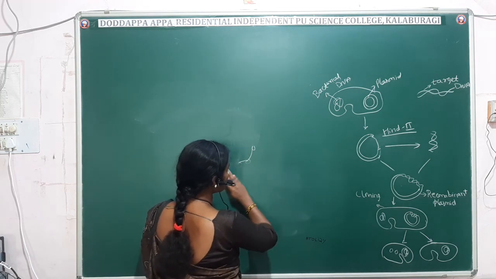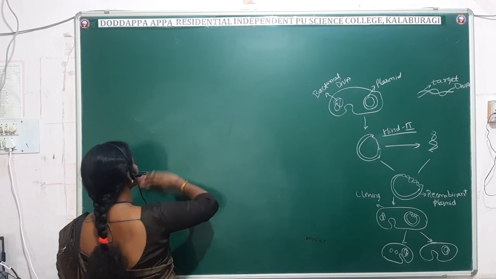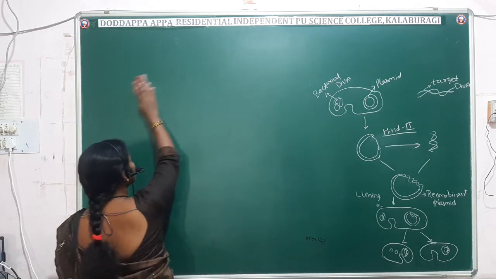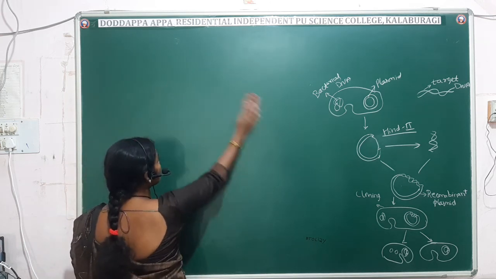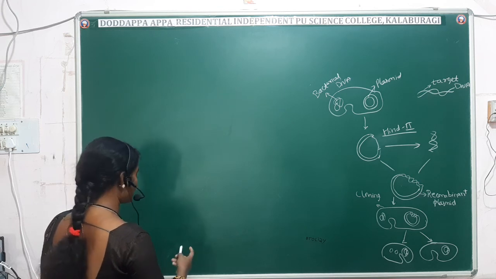The next step is obtaining the foreign gene product by using the bioreactor. This is the fifth step: obtaining the foreign gene product by using the bioreactor.